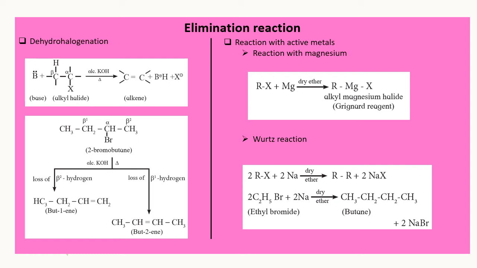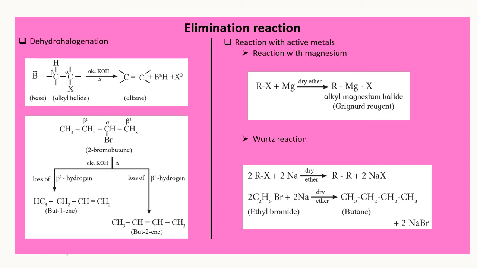Elimination reaction, that is also called dehydrohalogenation. When alkyl halide having at least one beta hydrogen is boiled with alcoholic solution of potassium hydroxide, it undergoes elimination of hydrogen atom from beta carbon and halogen atom from alpha carbon, resulting in the formation of an alkene.